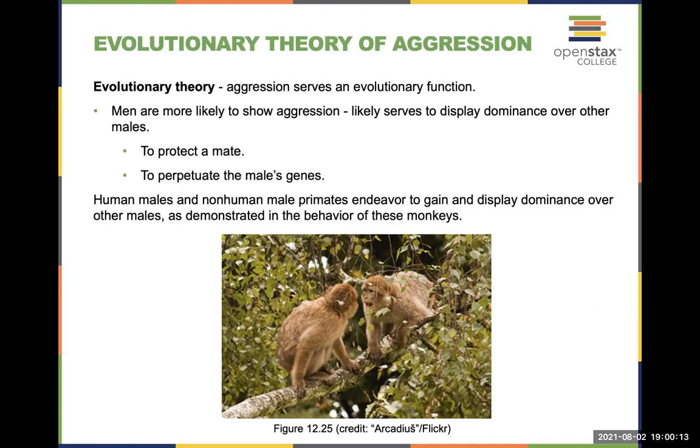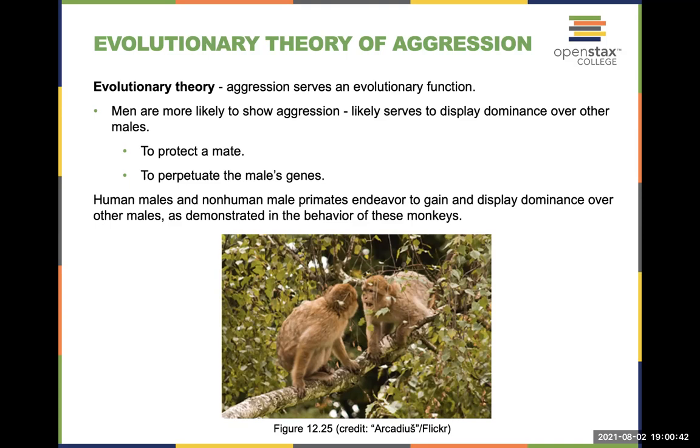One theory regarding aggression looks at it in terms of our evolutionary process, right? Males typically, as I said in the other slide, show more aggression. And there's a sense of dominance, trying to protect a mate or perpetuate the male's genes, right?